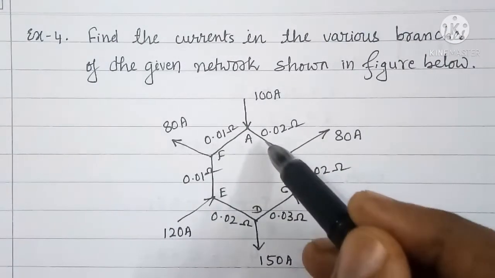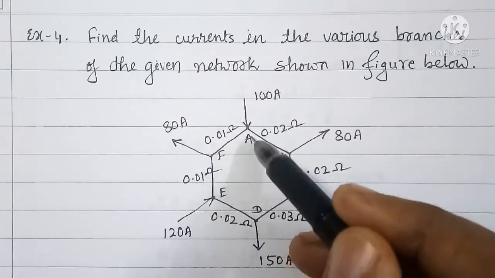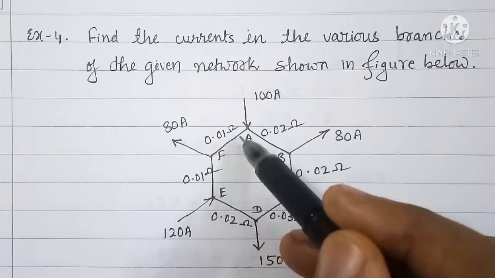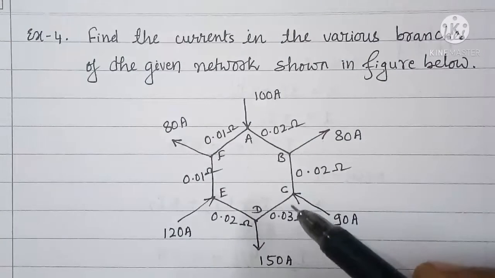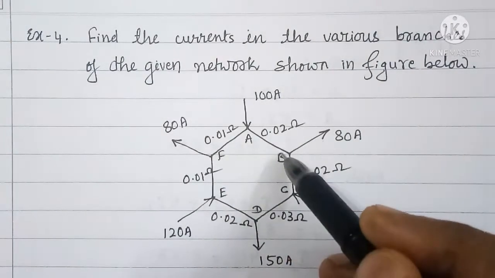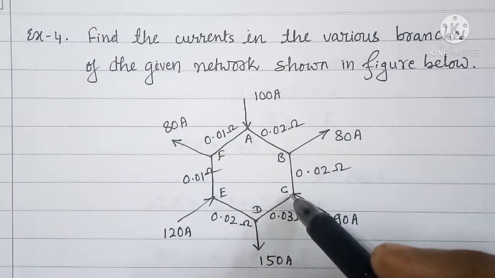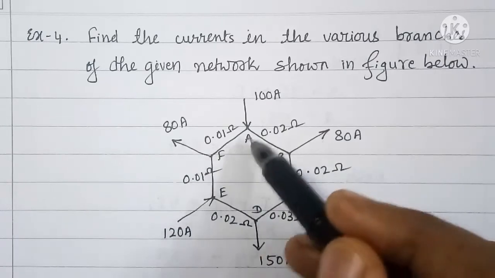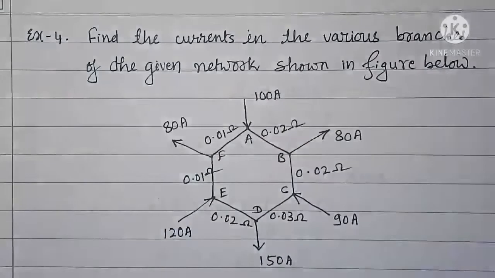For example, AB is having 0.02 ohm, AF is having 0.01 ohm, and so on. Now we have to find how much current flows through AB, how much current flows through BC, and so on up to AF.